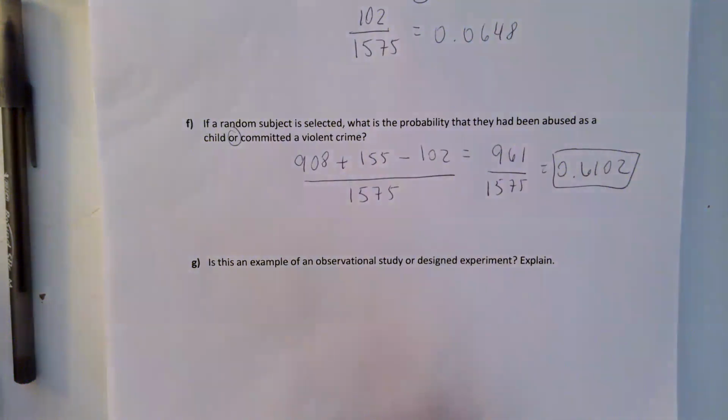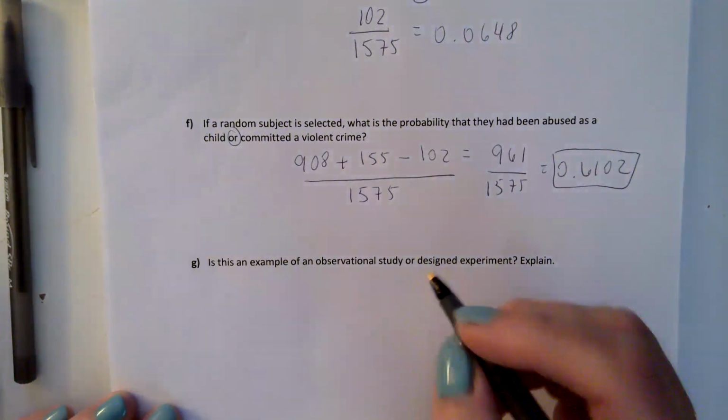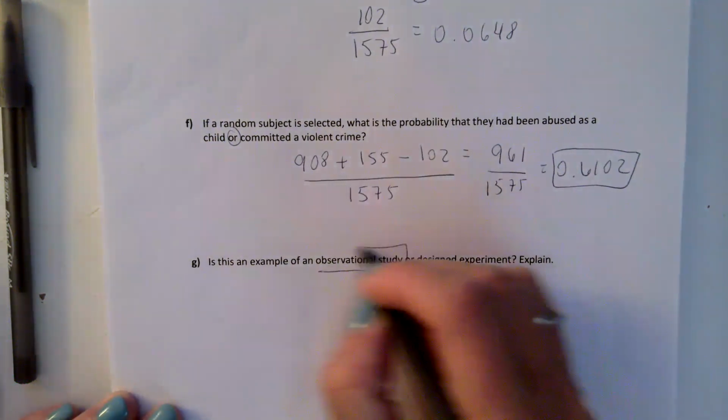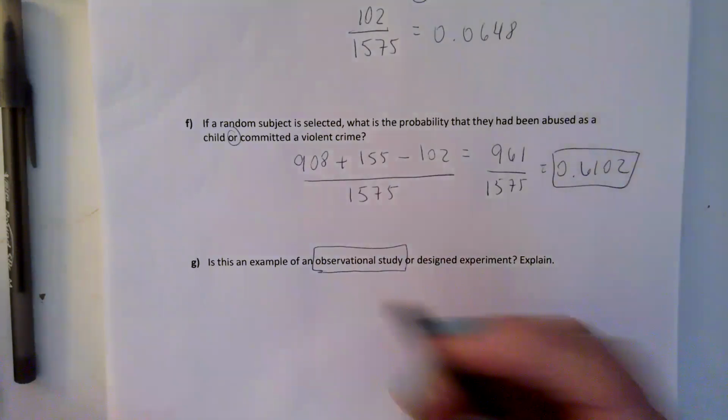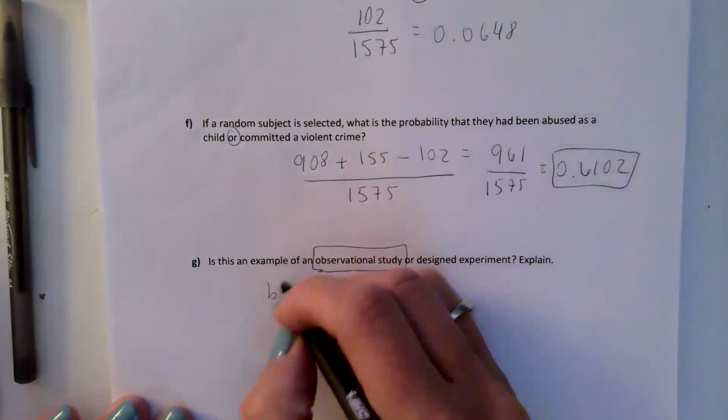Is this an example of an observational study or designed experiment? And this is definitely an observational study, because you could never ethically make someone be a victim of abuse.